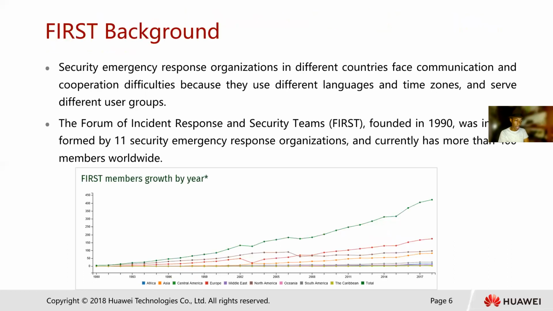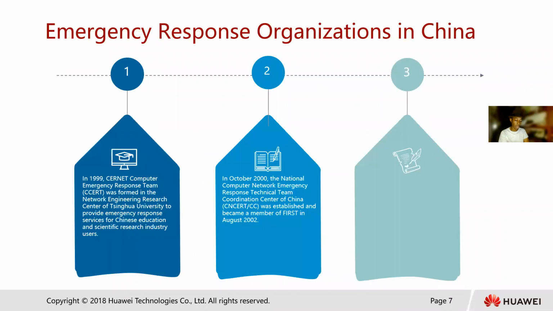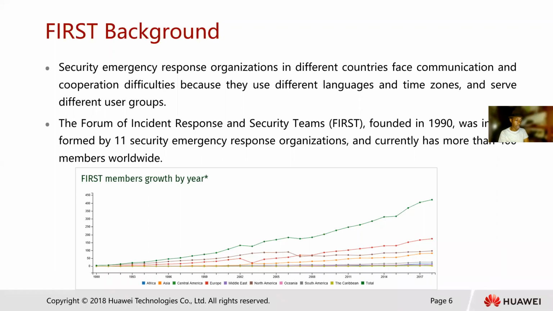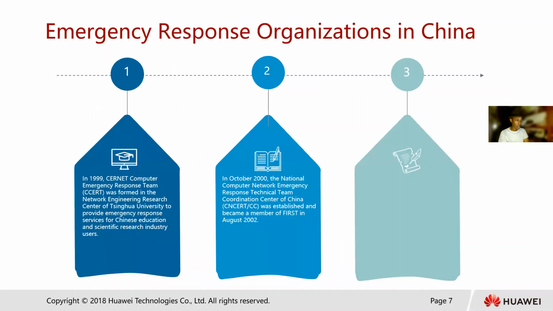So they also came up with another team called the Forum of Incident Response and Security Teams in 1990. You can see these are fairly new, 1989, 1990. As for emergency response organizations, there are some in China.